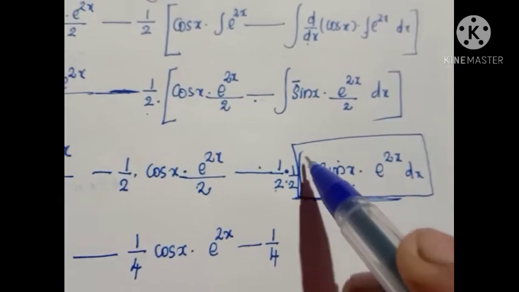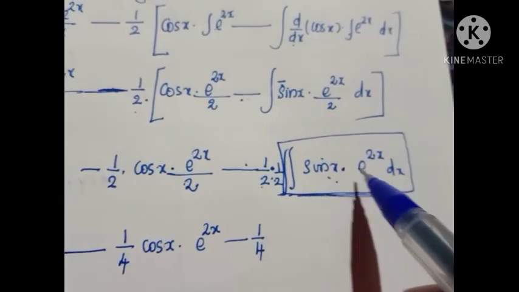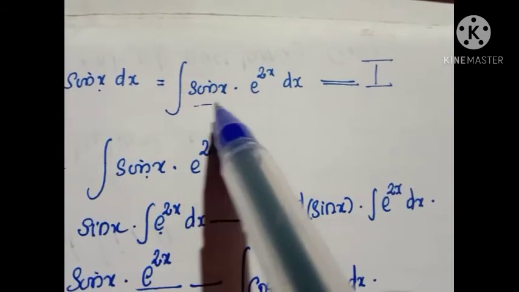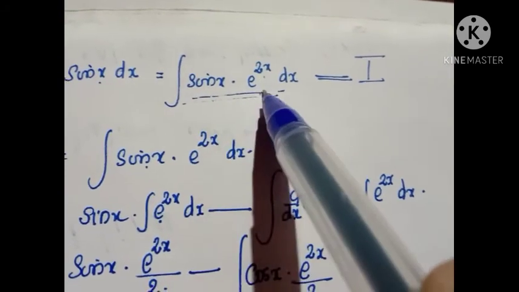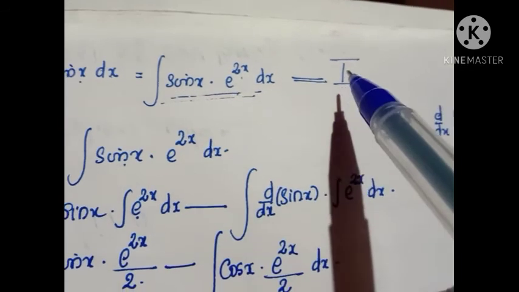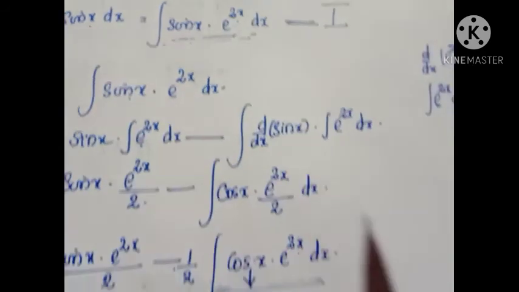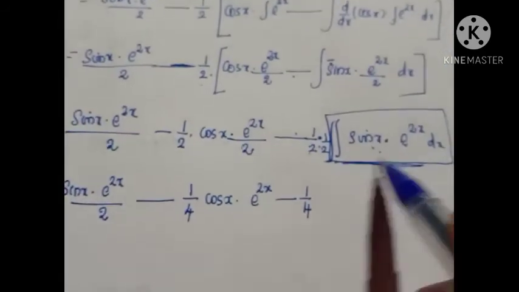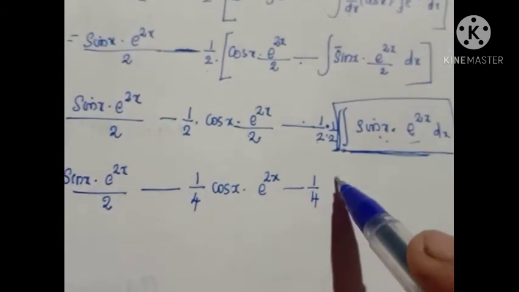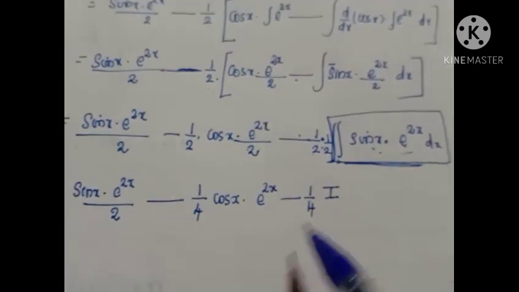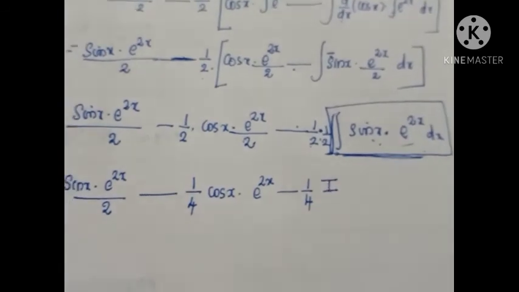Integral sin x into e raised to 2x. Look at here. Integral sin x into e raised to 2x. That is our I. Okay. Integral sin x into e raised to 2x dx is I. So in this step, instead of this integral, we are going to put this as I.